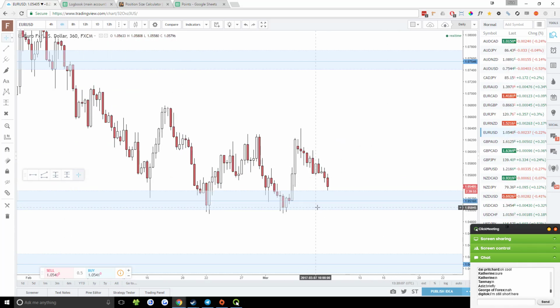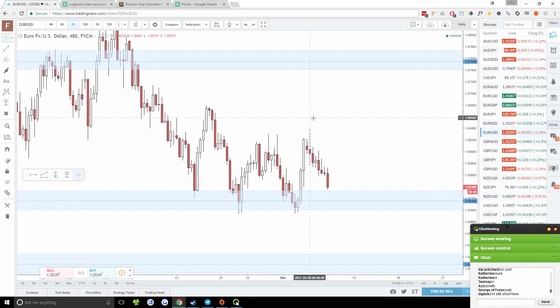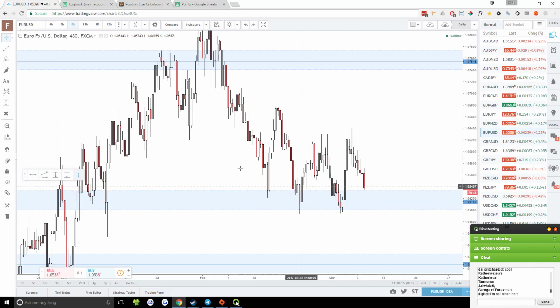If we get some strong indecision forming here, I might be tempted to enter a trade, but I don't know. I'm not too crazy about this for some reason, which is why we have the points spreadsheet that we can grade this potential trade. So let's keep an eye on Euro USD, but don't get too excited about it.